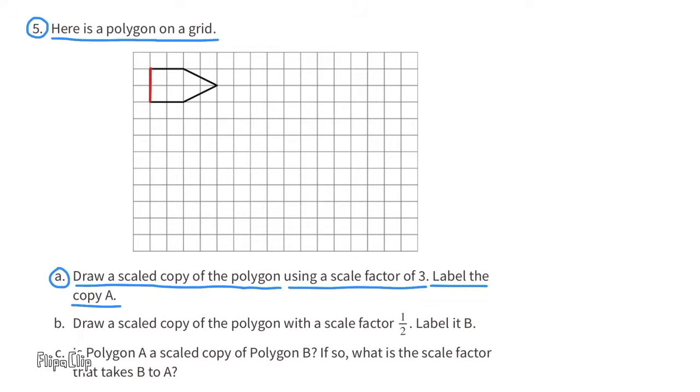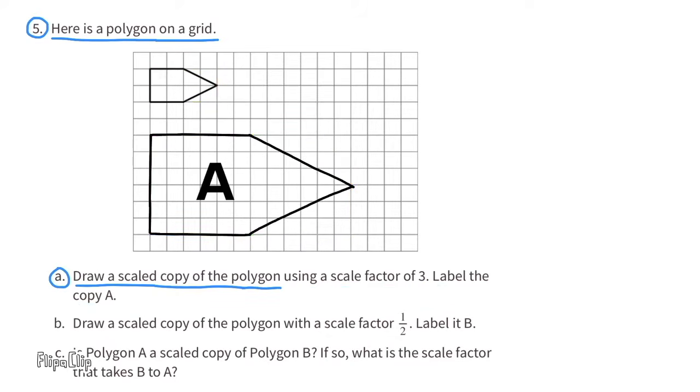This red side length on the original figure is 2 units long, and the side length on the copy would be 2 times 3, or 6 units long. I'll repeat this process for each line of the original figure, making the side lengths on the copy 3 times longer. Here's a look at the scaled copy with the scale factor of 3 labeled A.